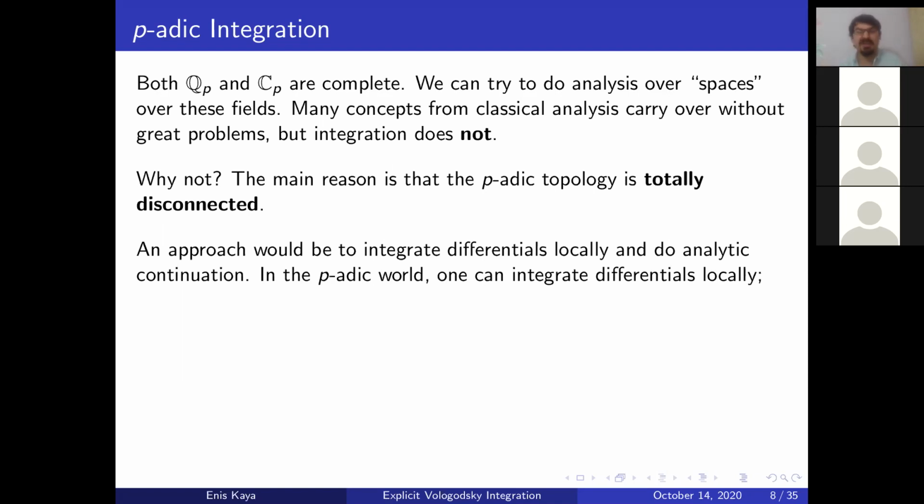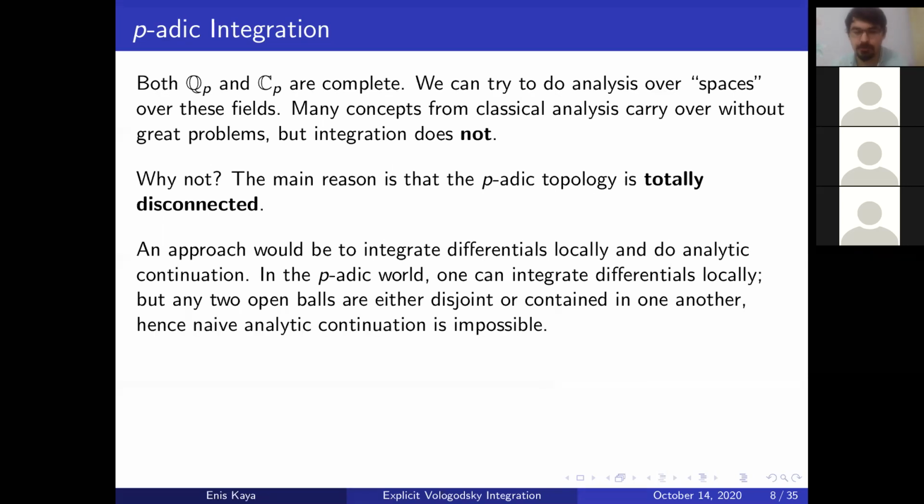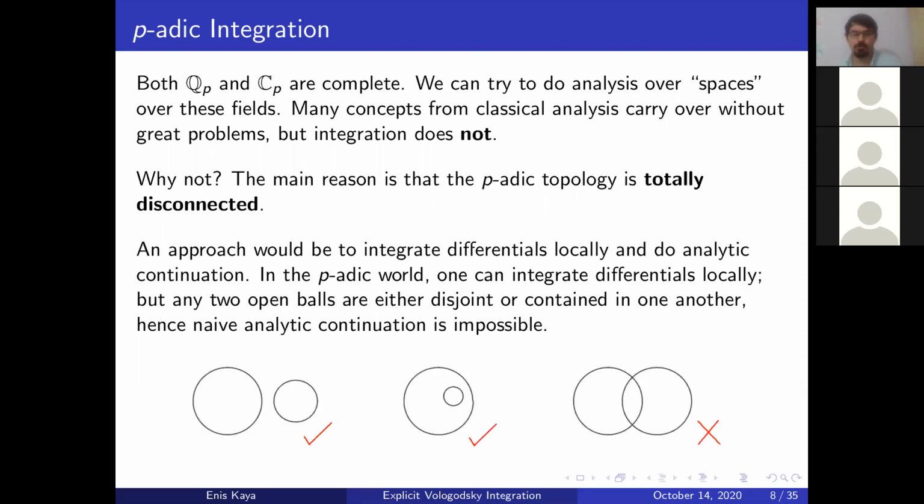So in the p-adic world, we can integrate differentials locally exactly in the same way. There is nothing wrong with that. But because of the totally disconnected topology, whenever we have two open balls, there are two possibilities. Either they are completely disjoint, or one of them is contained in the other. So this makes naive analytic continuation impossible. Let me show you a picture. On the left here, we have two open balls, and as you see, they don't intersect.